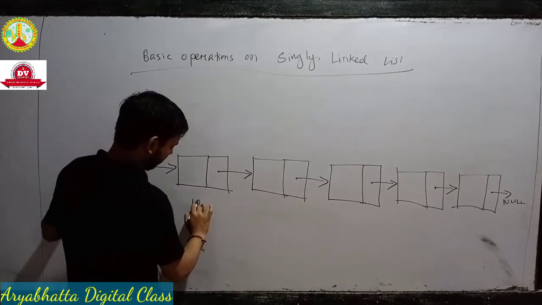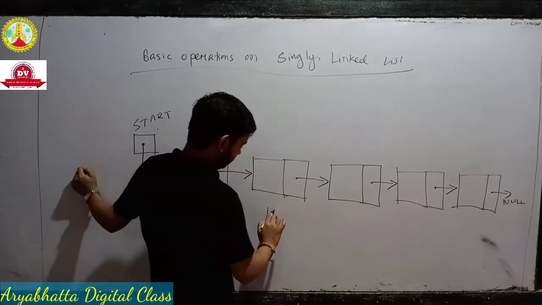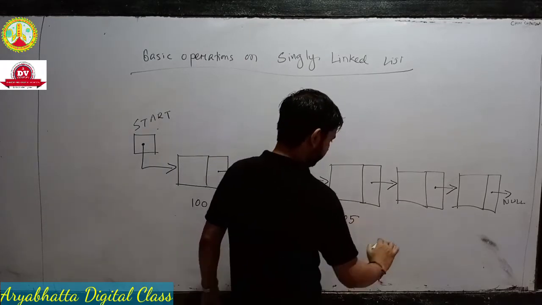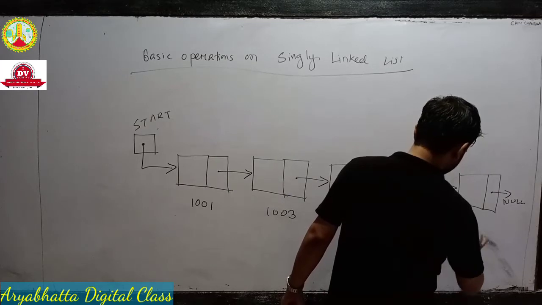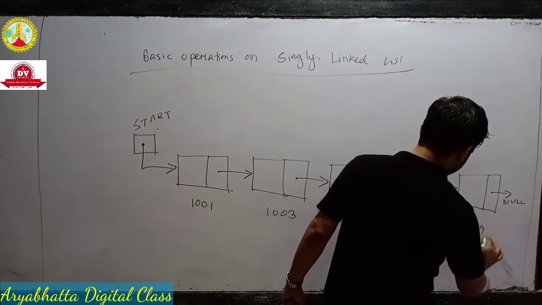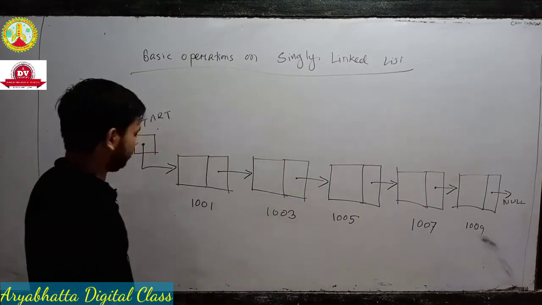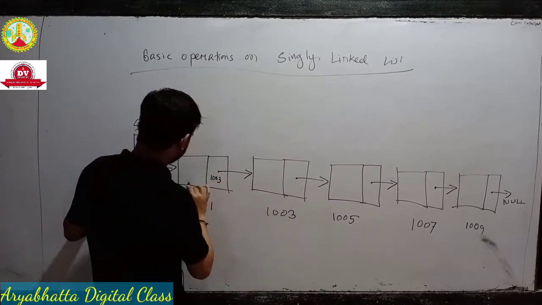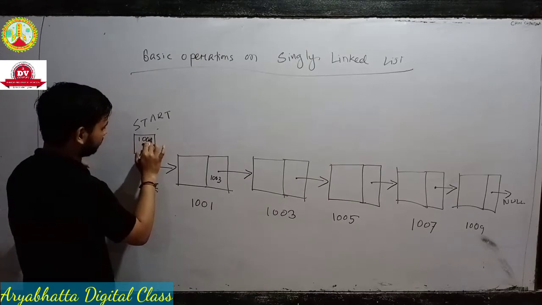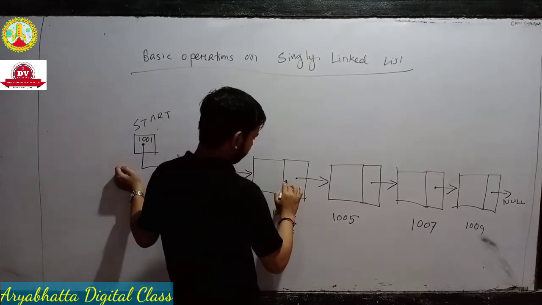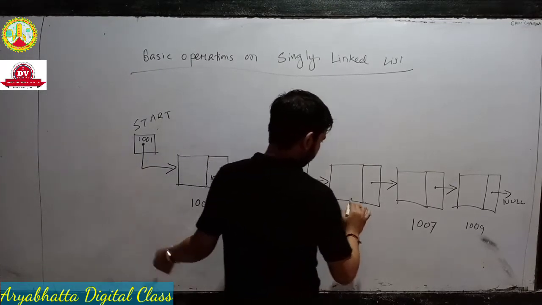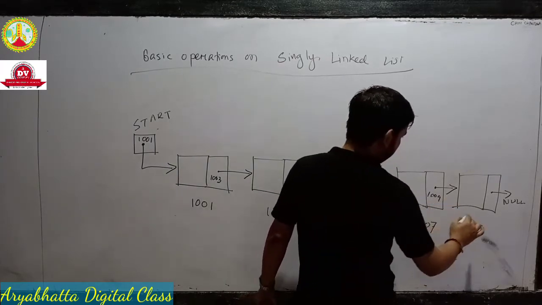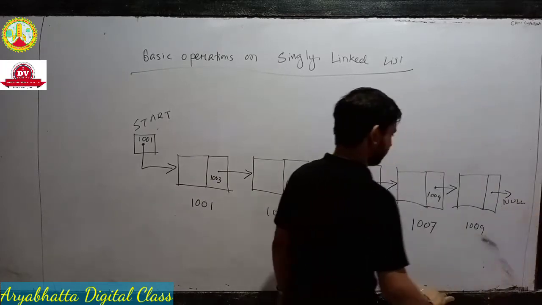And suppose this is the memory address. Suppose these are elements of int data type. So it will contain this memory address 1003, it will contain this memory address 1001, it will contain this 1005, 1007, 1009, and this will contain null because there is no node further after that.